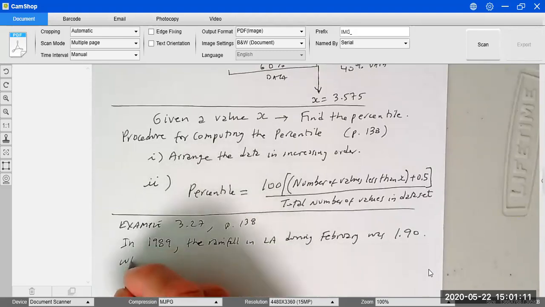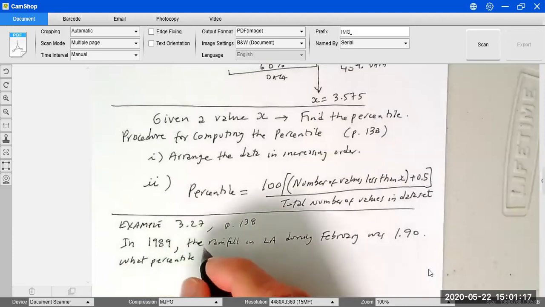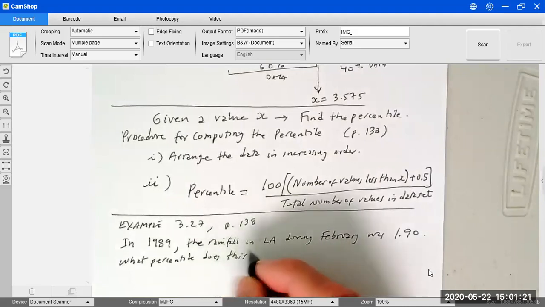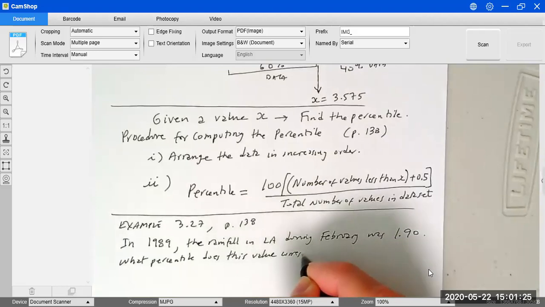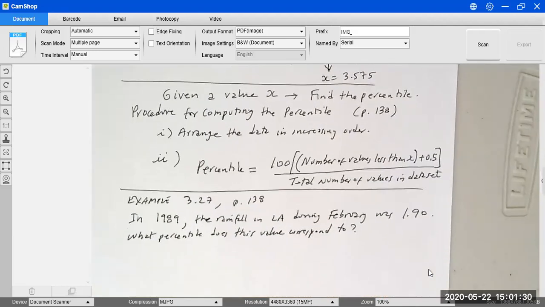So the question is, what percentile does this value correspond to? Okay, so we want to know where this value is in relationship with the other values in the data set.